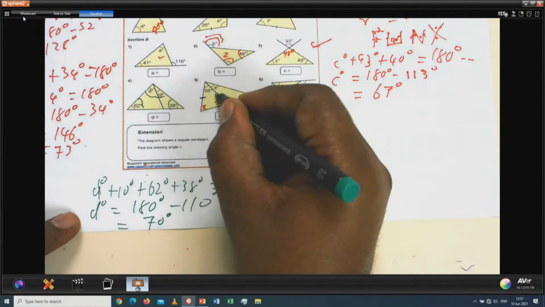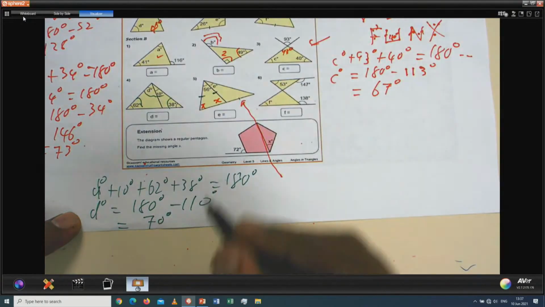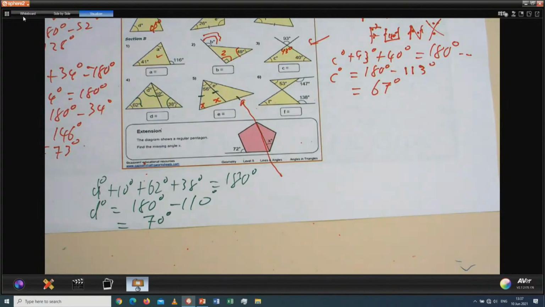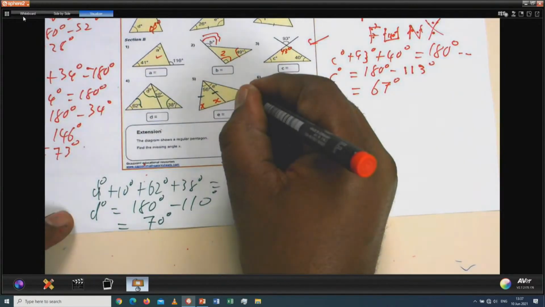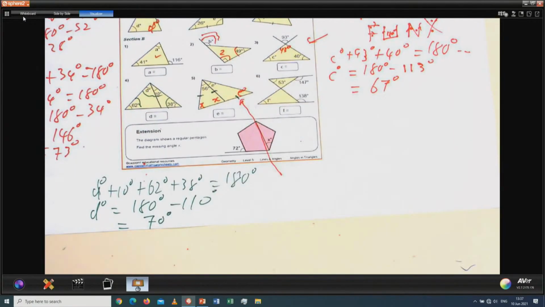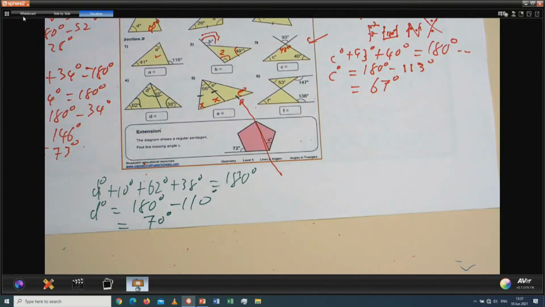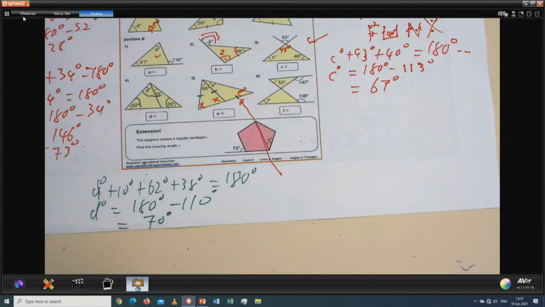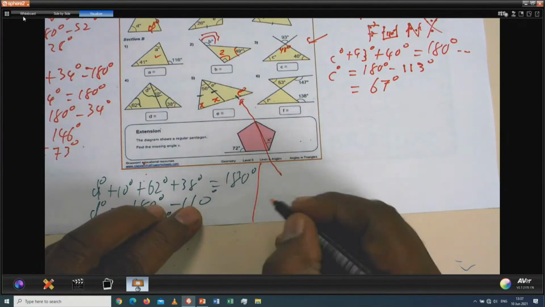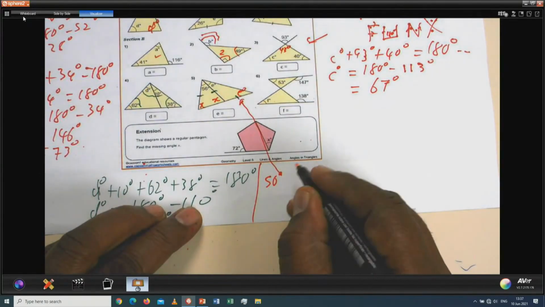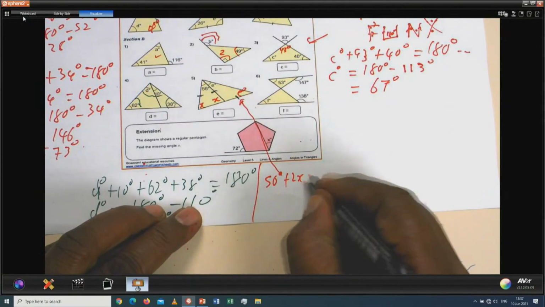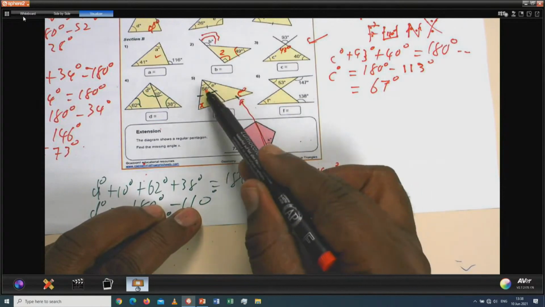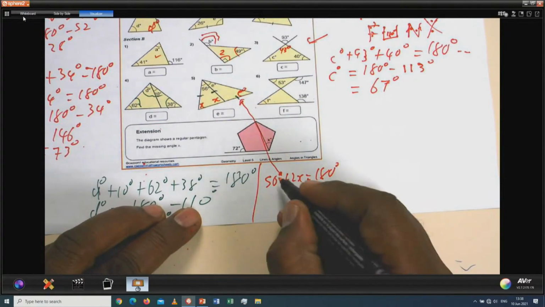This side is equal to that side, and this side is equal to that side. Therefore, it also tells you this is E degrees. That's what is important. So I must start this side. Therefore, 56 degrees plus 2 of those x's is 180 degrees. Why? Because when you add all of them, it's 180 degrees.